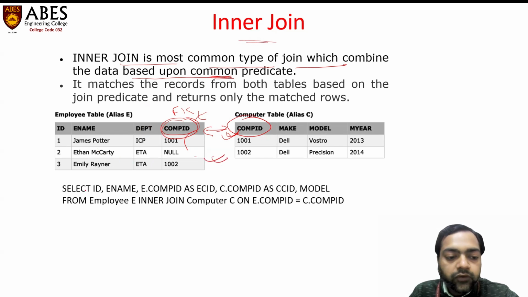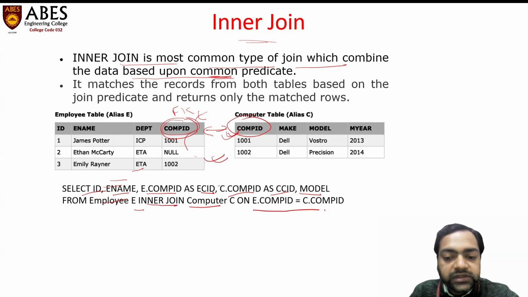So here we need to display ID, ename and ecomp ID as ecid from the employee table, and ccomp ID as ccid, and model from the computer table, right? Now in the from clause, we need to perform the inner join, right? So here we write employee as e, then inner join, and after that we use the computer table as c.